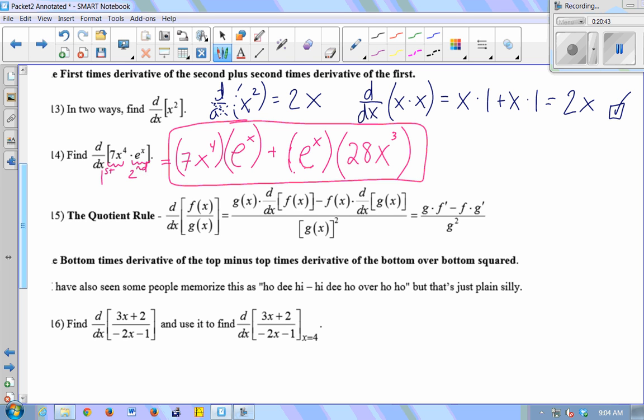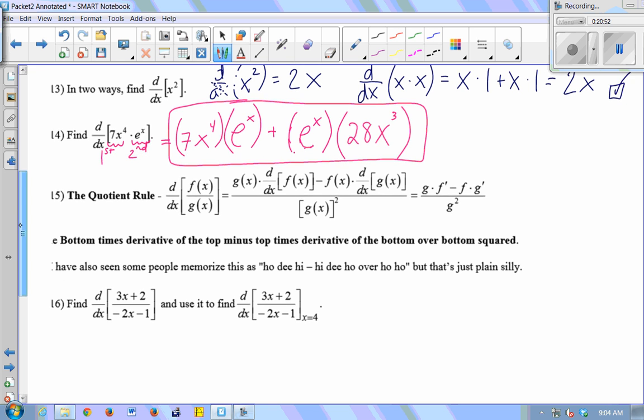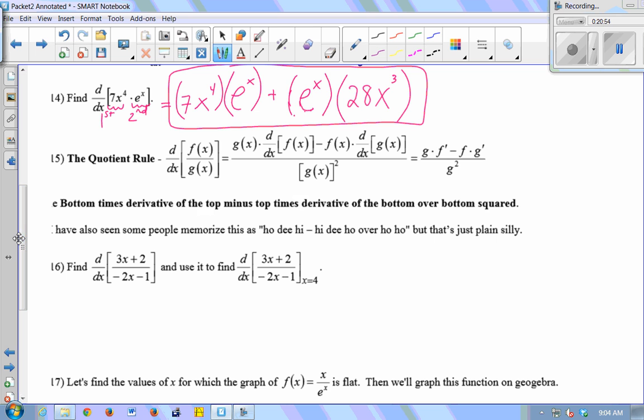All right, so the quotient rule, also quotients of two functions, taking the derivative of, also has a special rule, a little bit more complicated looking. It says denominator times the derivative of the numerator minus the numerator times the derivative of the denominator all over the denominator squared.